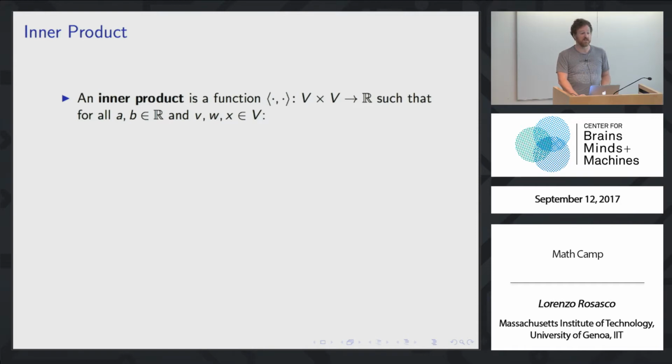Now, an inner product. A word of warning about notations. There are basically two notations for inner product. One is the one that I had in the first slides, where you take a thing, you put something that looks like a T on top of it, and then you squeeze it to something else. That notation somewhat suggests that there is an order in the thing that you're doing, and it's typically used when you're dealing with finite dimensional stuff. Typically, when you deal with infinite dimensional stuff, you use this bracket notation.